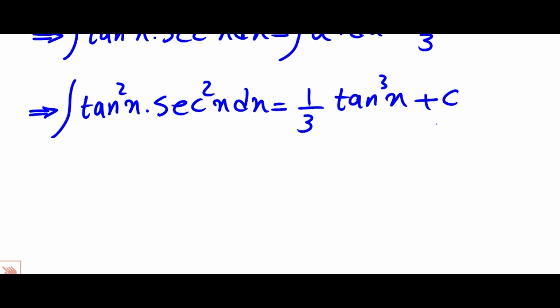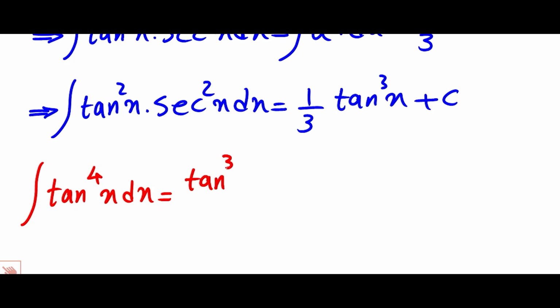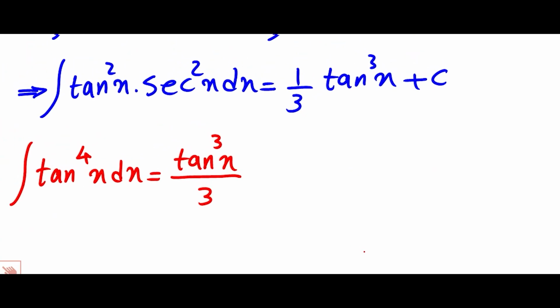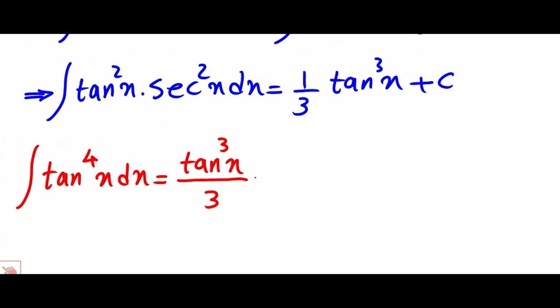So finally, the answer: the integral of tangent to the fourth x dx equals tangent cubed x over 3, from this formula, minus the integral of tangent squared x dx, which is tangent of x minus x.